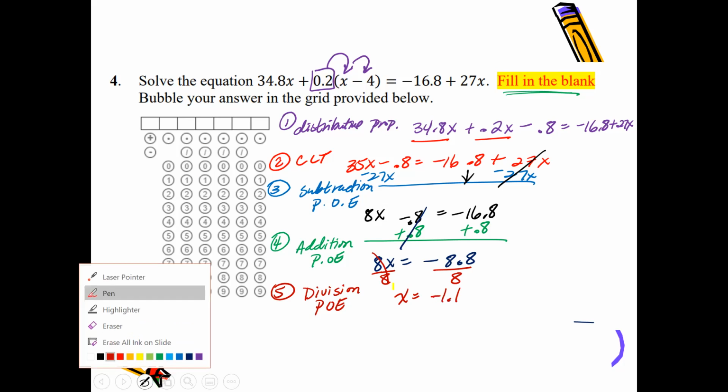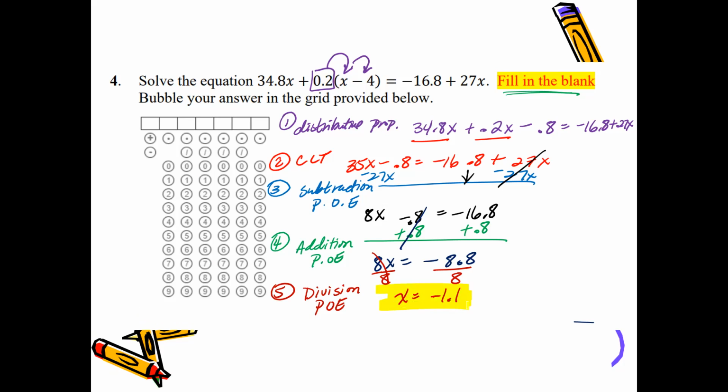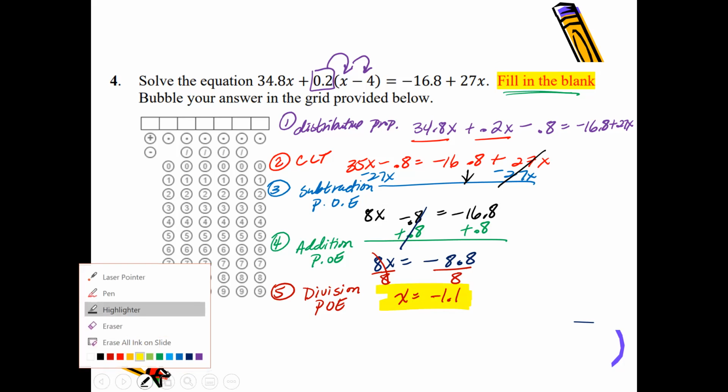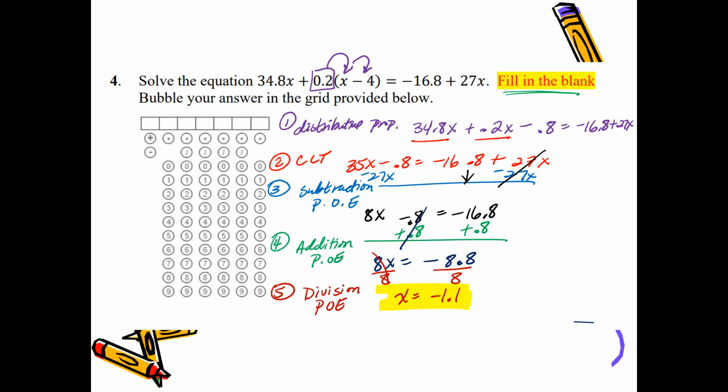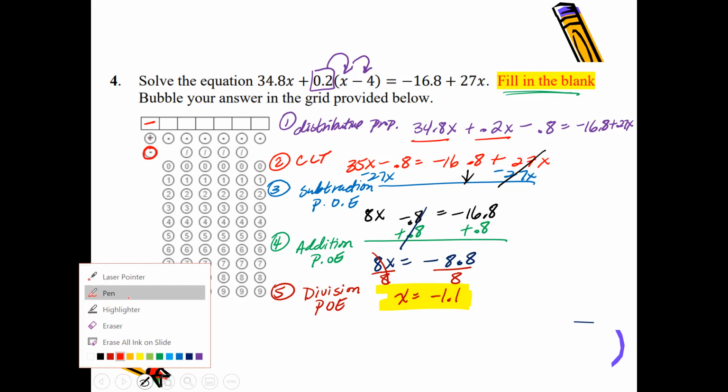Now, this is your answer, but as you know, it's not multiple choice, so it's fill in the blank, okay? So you literally have to fill in the blank with this. So let's go ahead and go over this together. How do I fill in this? So your answer is, you see how the first one's a positive and a negative? It's a negative. So you highlight the bubble that is a negative. And when I say highlight, I'm dead serious. Like you literally have to highlight it.